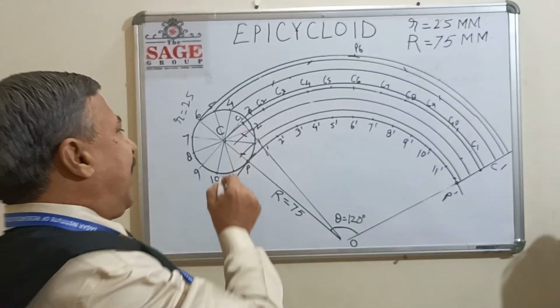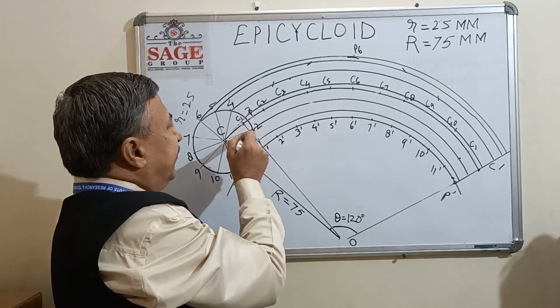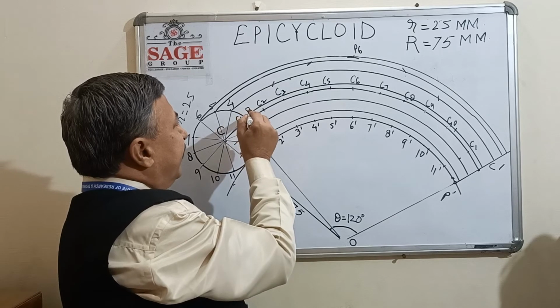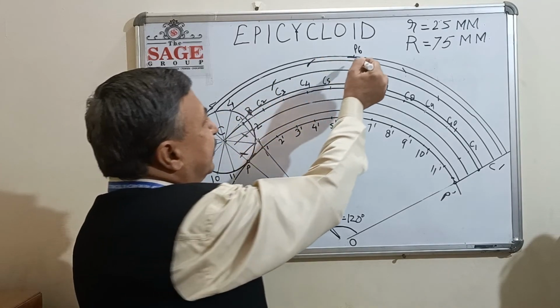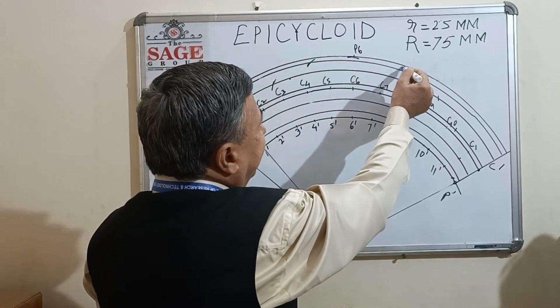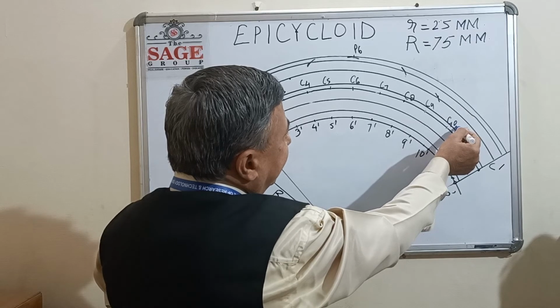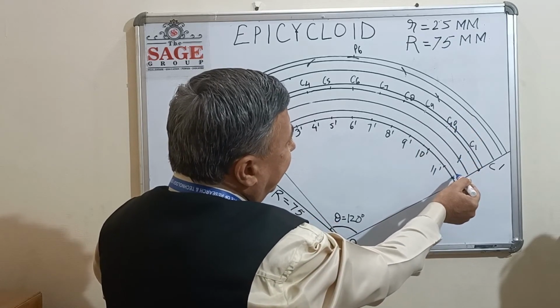Okay. So I marked the points clearly. This is our first point. This is our second point. This is our third point. This is our fourth point. This is fifth, sixth, seventh, eighth, ninth, 10th, and lastly 11.